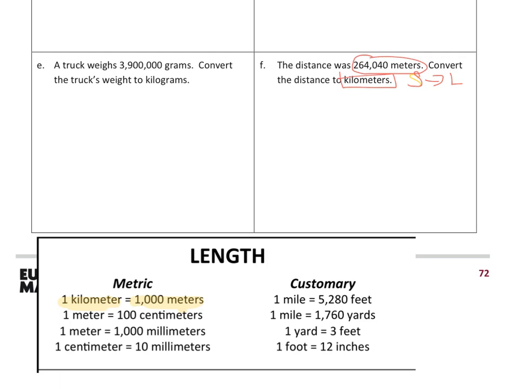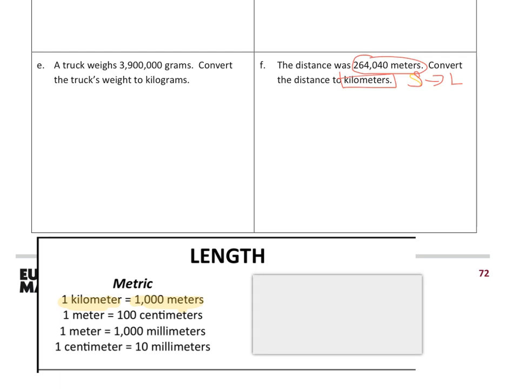So let's actually convert. So back to our conversion chart down below, we know that 1 kilometer is 1,000 meters, but what if we flipped it? 1 meter can't be 1,000 kilometers. It's actually going to be 1/1000 as a fraction of kilometers.